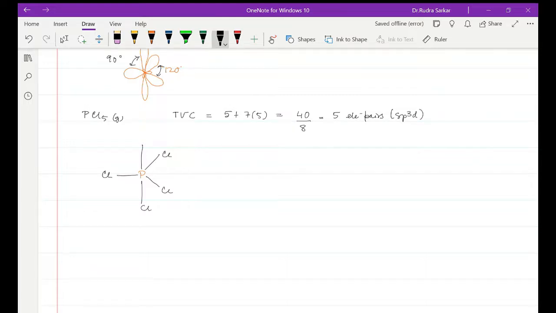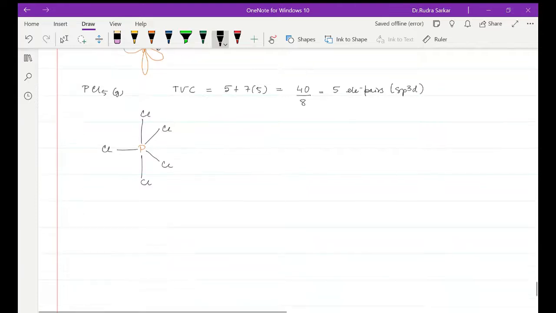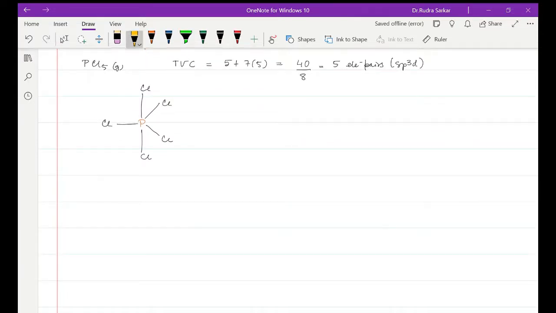But what if you are given systems in which there is a mixture of two different electronegative atoms? In those cases, what can one do? So let's take an example, say PF2Cl3.